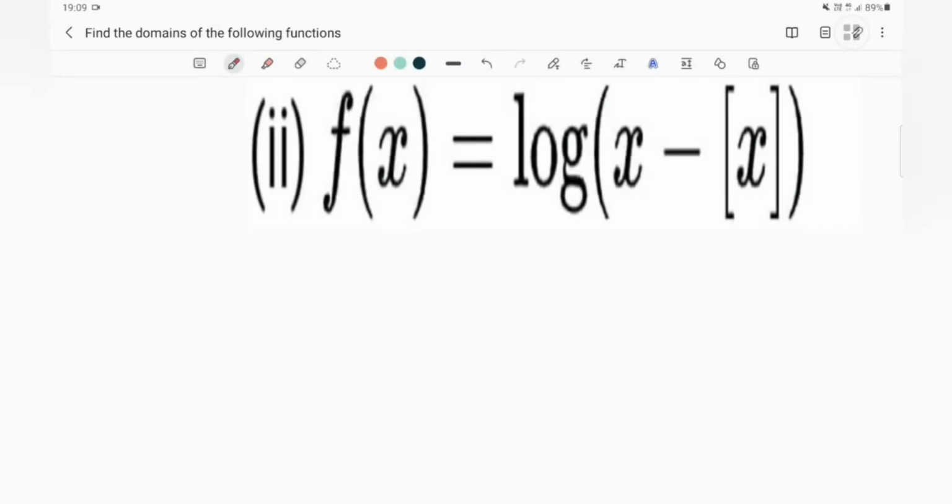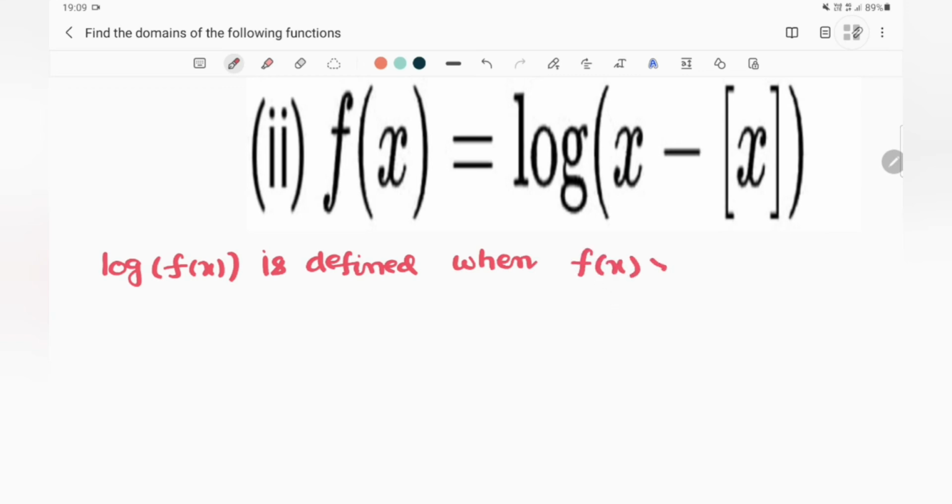Yeah, the next question, find the domain of f of x equal to log of x minus step x. Here one important point again, log f of x is defined when f of x should be greater than 0.